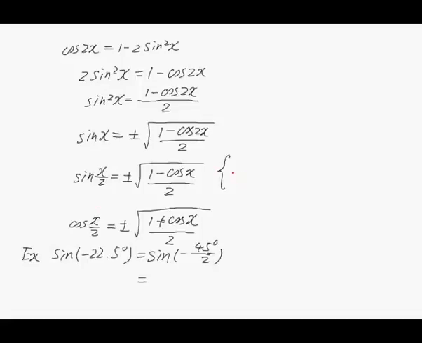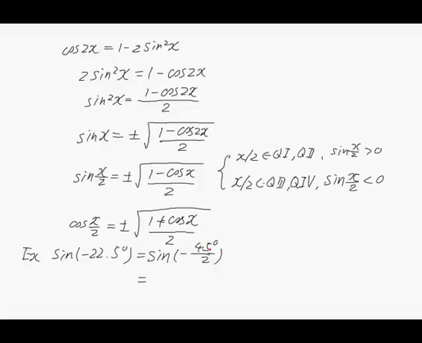So here, if the half x is in quadrant 1 or quadrant 2, then you have sine half x bigger than 0. And if the half x is in quadrant 3 or quadrant 4, then you have the sine of half x less than 0.